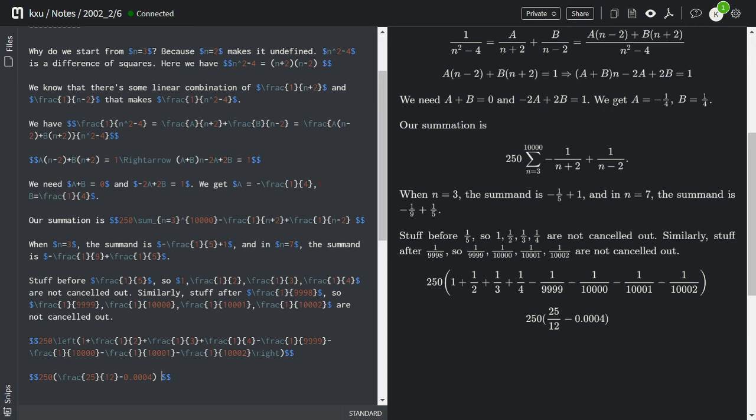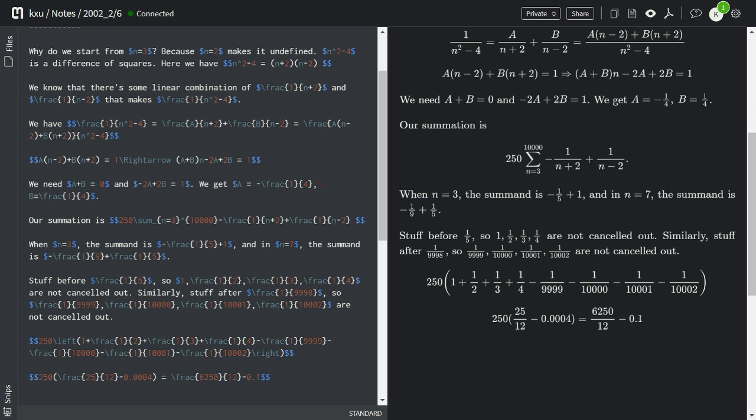And our answer will be 6250/12 minus, what is that, 0.004 times 250, so it's actually 0.1.